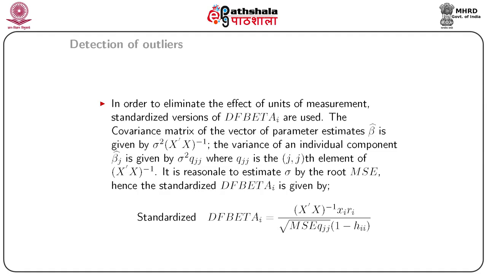The variance of an individual component beta_j hat is given by sigma squared times q_jj, where we denote q_jj by the jth diagonal element of (X prime X) inverse. It is reasonable to estimate sigma by the root mean square error as we have done before, and hence obtain the standardized DFBETAS, which is given by (X prime X) inverse x_i times r_i divided by 1 minus h_ii times the square root of MSE times q_jj.